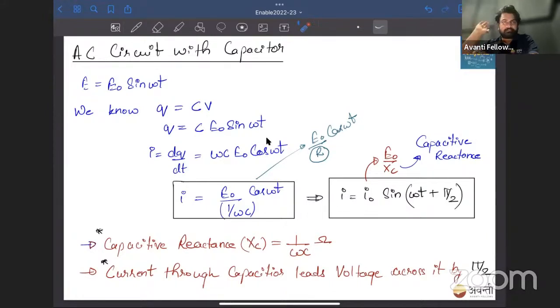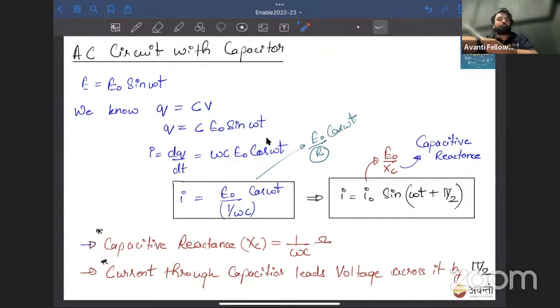We will give it a different name: reactance. Since it is the reactance of a capacitor, we will call it capacitive reactance, which is just like a resistance of the capacitor. If omega changes, it will also change. If capacitance changes, it will also change. Right? Acha, I converted cos into sine, and I found that EMF is E naught sin omega t, but current is I naught sin omega t plus pi by 2.